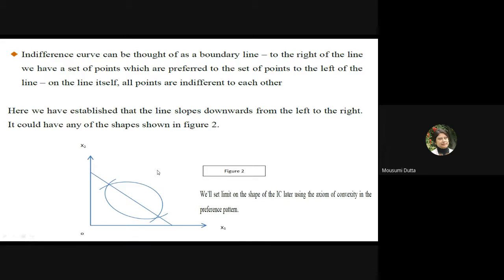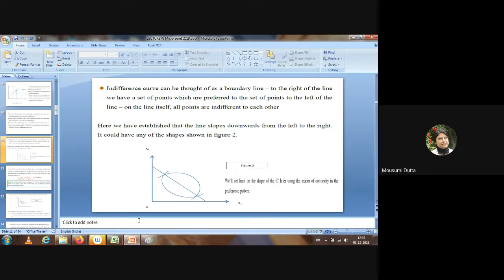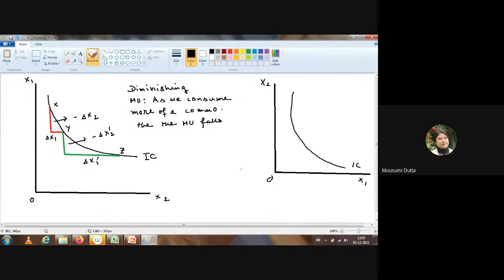However, if I consider a negatively sloped curve, it can be a straight line, it can be a convex curve, or it can be a concave curve. So there are all possibilities. If I consider a negatively sloped curve, the curve can be like this. This is also negatively sloped, or we can consider a straight line, which is also negatively sloped.